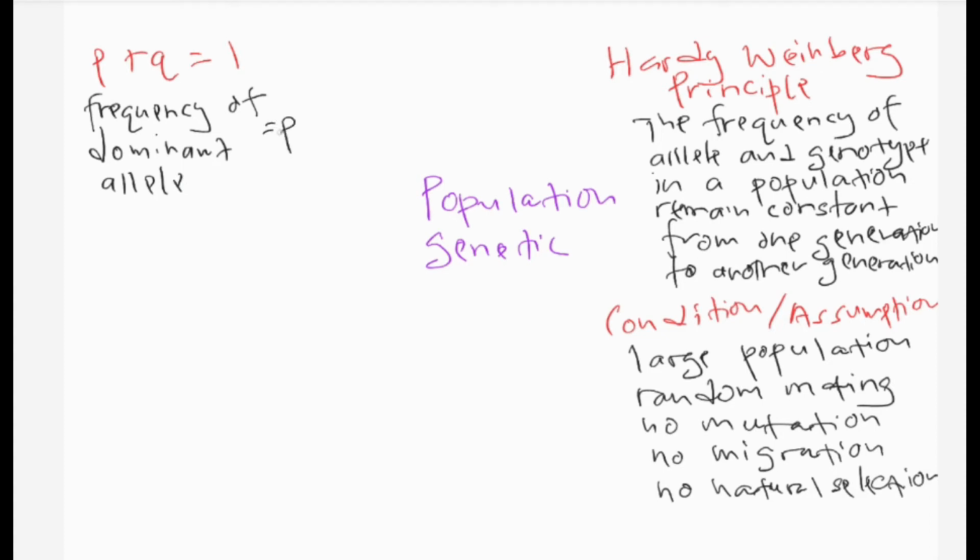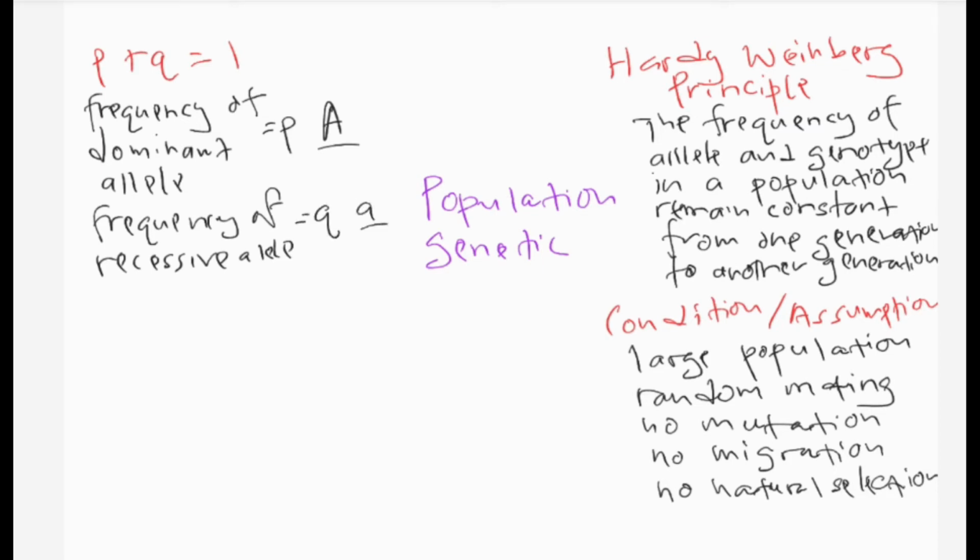So here is p, and I can put capital A allele. Q refers to the frequency of the recessive allele. So it's q, and I can put small a. So now, frequency of dominant allele is p, and frequency of recessive allele is q, small a.